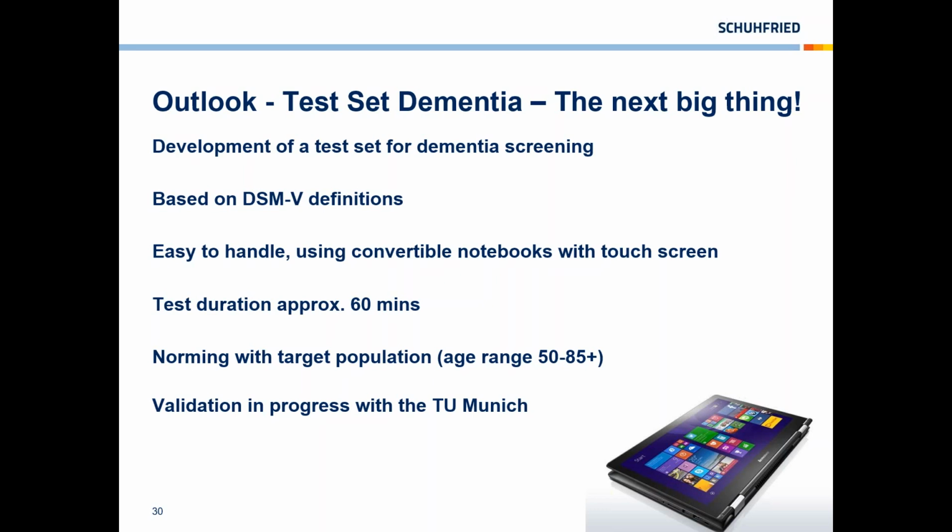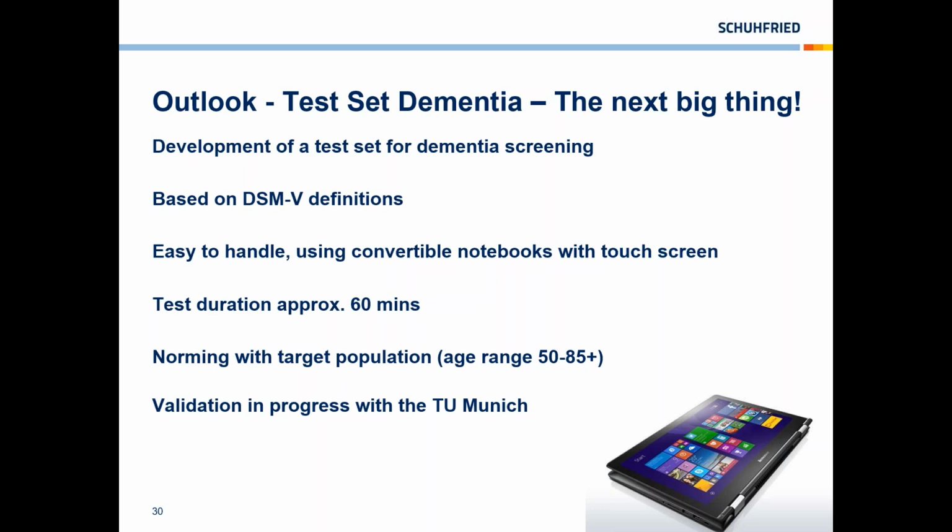And we're validating it. And the test set dementia is not something that comes completely from Schufried. As always, we're working together with cooperation partners here. In this case, Professor Jahn from the Technical University of Munich, who is a very, very well-known and respected scientist and researcher in the field of dementia, especially in Germany.